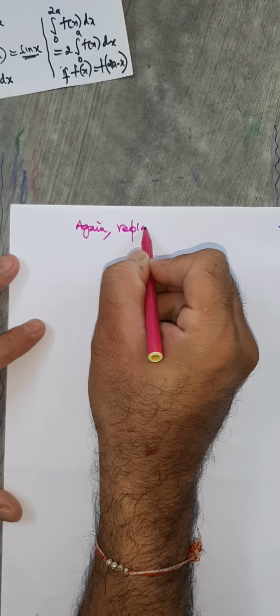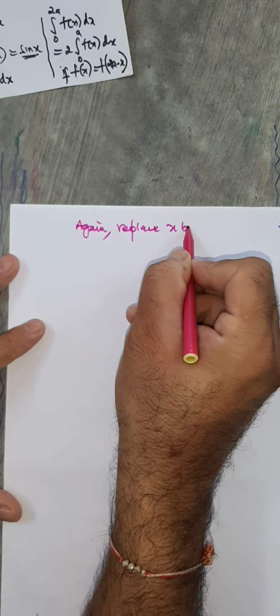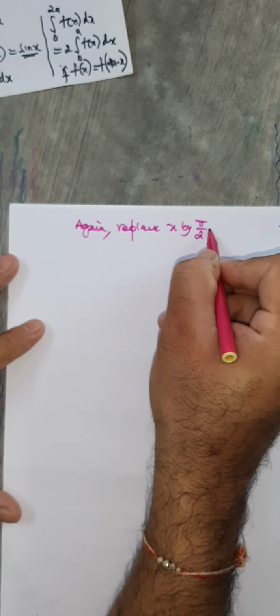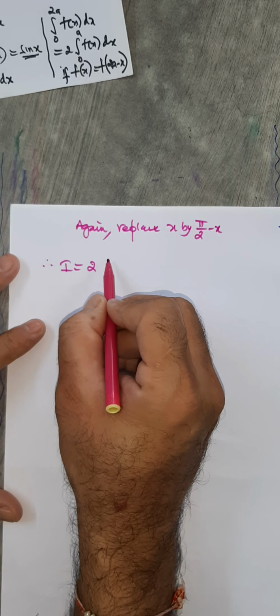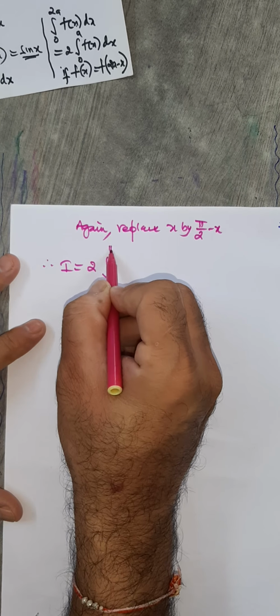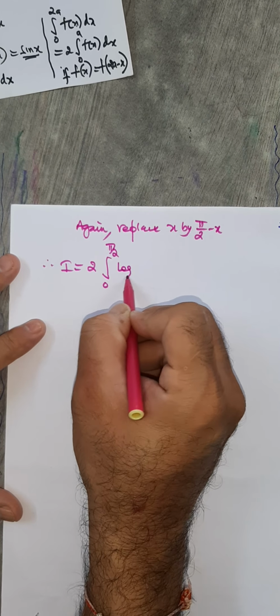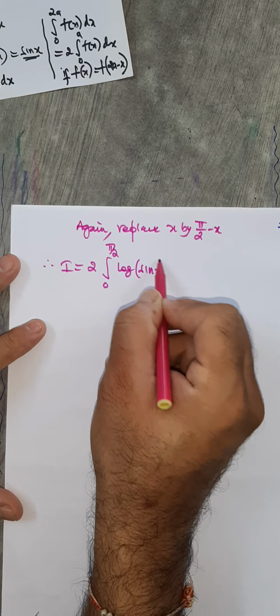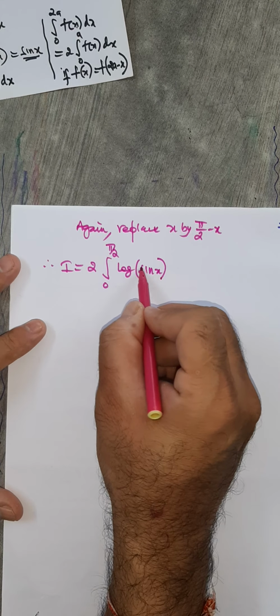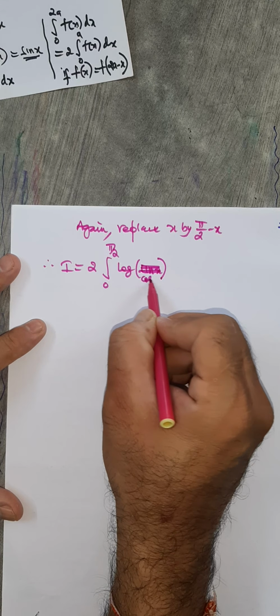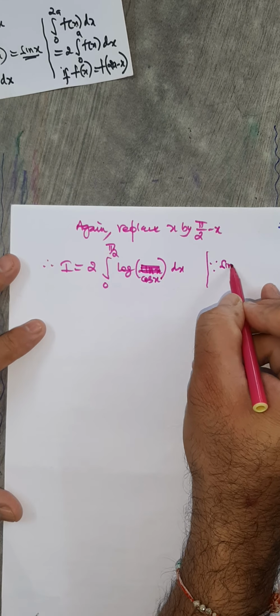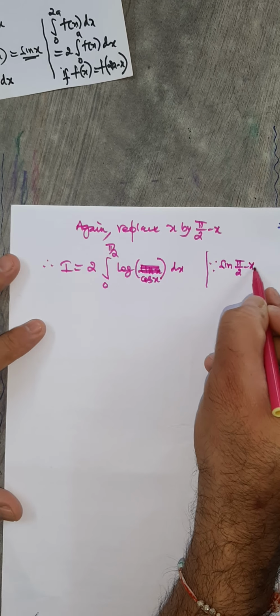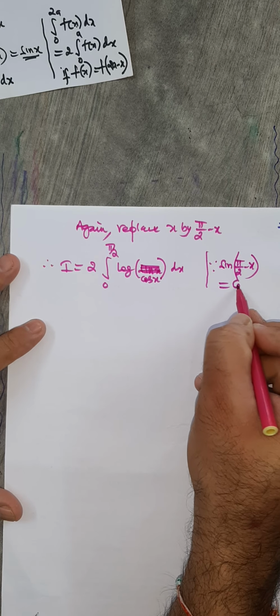Replace x by pi by 2 minus x by that property. Therefore I equals twice integral 0 to pi by 2 of log of cos x, because if x is replaced by pi by 2 minus x, sine of pi by 2 minus x gives us cos x.